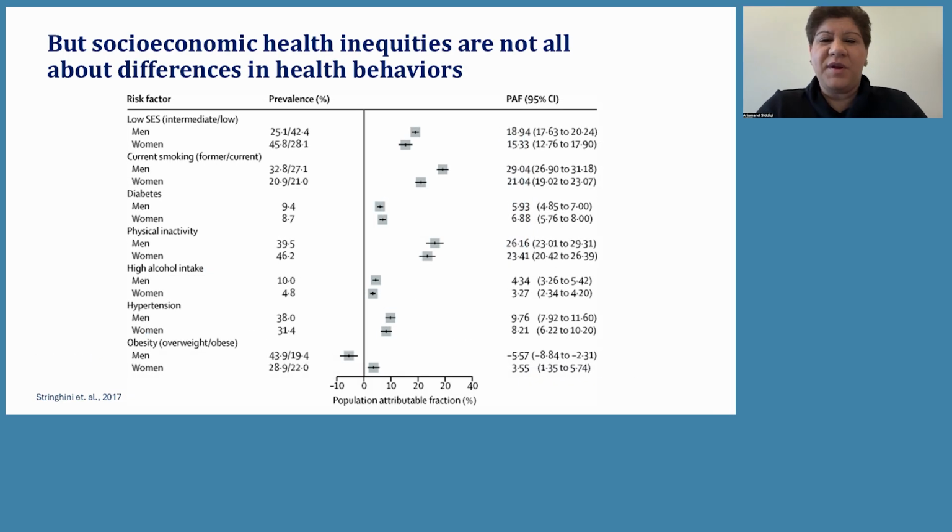In another study by one of our course's co-instructors, Dr. Sylvia Stringini, we find a similar thing, which is that if you look at predicting premature mortality and you ask yourself whether the risk factors of smoking, diabetes, physical inactivity, alcohol intake, hypertension, and obesity would reduce or account for premature mortality, what you find is that indeed they have an effect, but that in that top line there, socioeconomic status is a risk factor even after you account for such major risk factors for mortality.